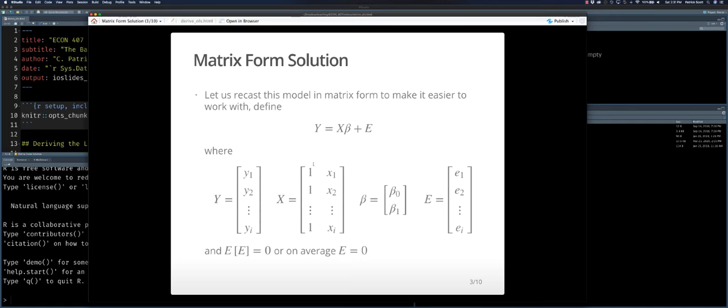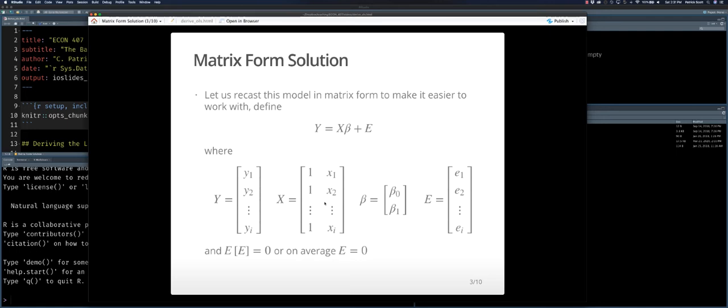So I've taken our regression equation and redefined it in matrix form. Instead of seeing lowercase y with an i subscript, now I'm defining capital Y as a vector of individual y observations, where we have observation 1, observation 2, all the way to observation n.